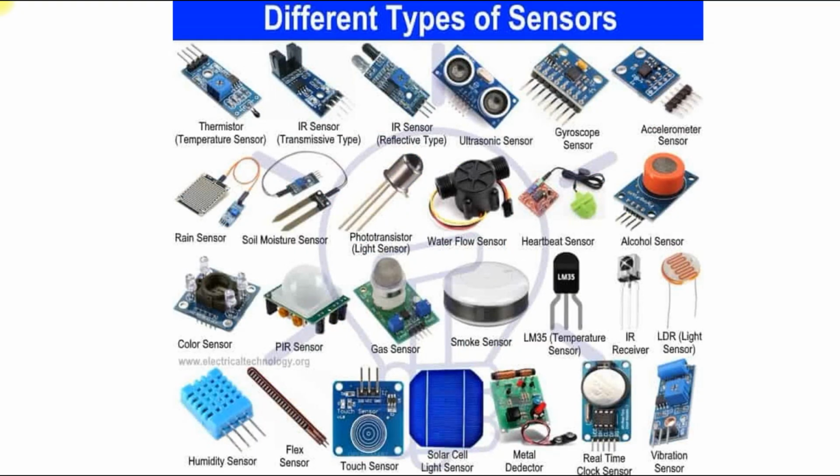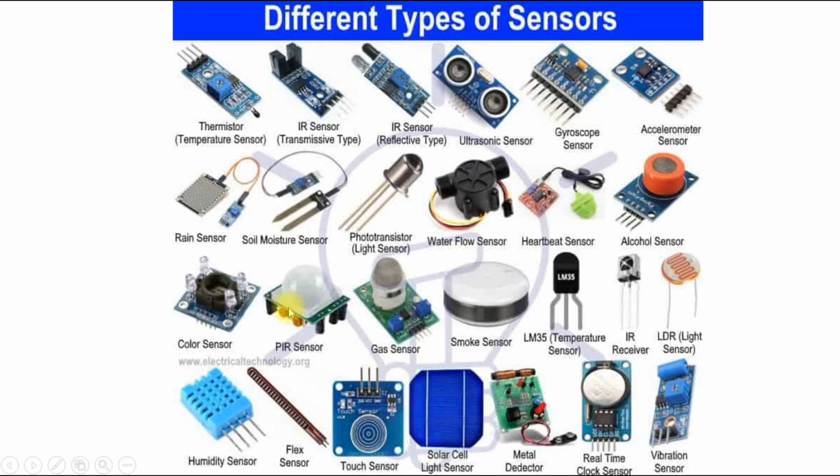There are different types of sensors available. As you can see in the picture: temperature sensor, IR sensor, ultrasonic sensor, each with its own property. Each measures an individual physical quantity and converts it into an electrical quantity. Ultrasonic sensors, gyroscope, accelerometer, alcohol sensor, light sensor, temperature sensor, smoke sensor, PIR, color sensor, humidity sensor.